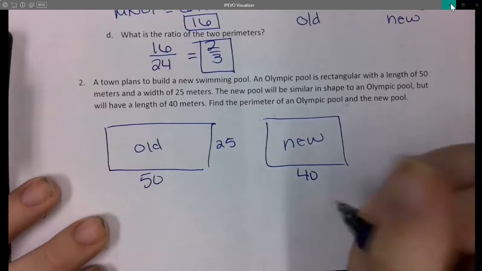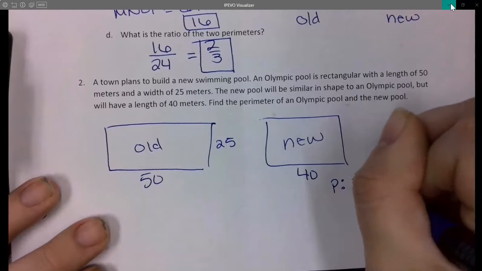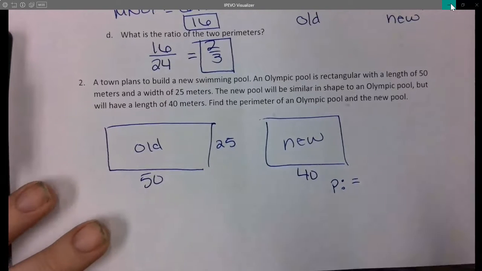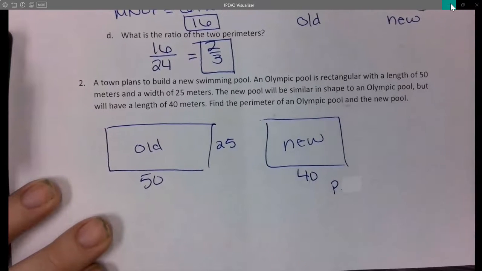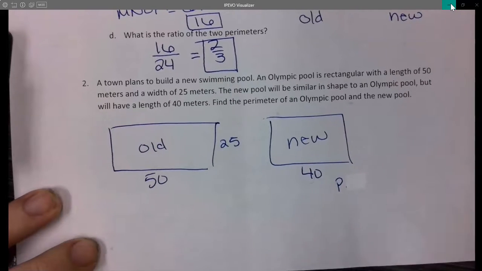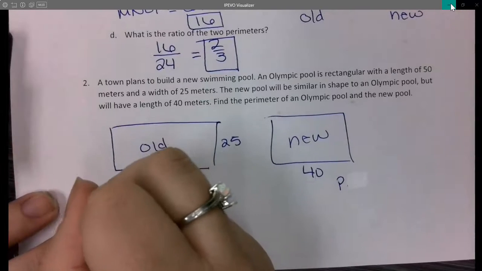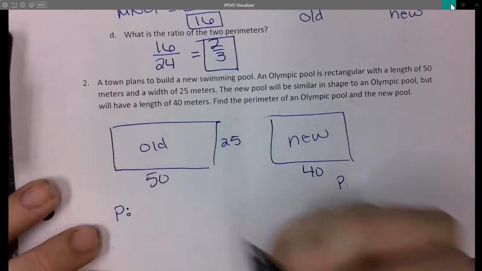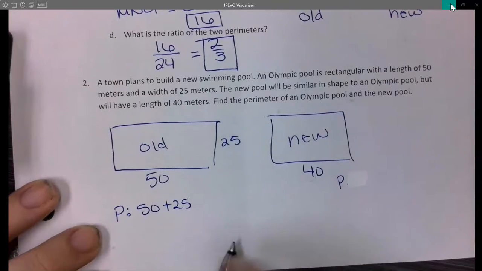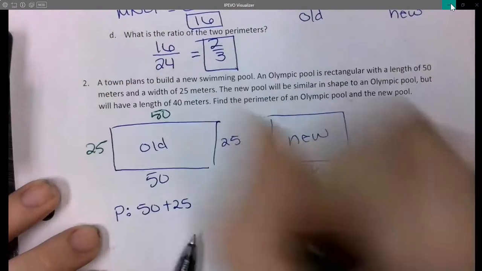It wants me to find the perimeter. So first thing I want to do is I want to find my perimeter for my old one. So I'm going to take 50 plus 25, and remember the missing sides are 50 and 25 as well.